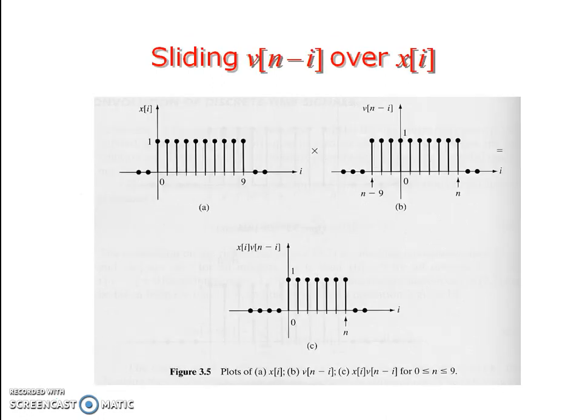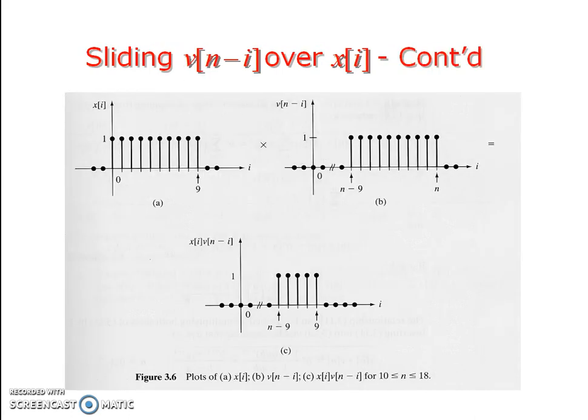Now we are going to consider sliding v of n minus i over x of i. You can observe here, if you multiply both the signals, you will directly have the 0 to n pulses remaining. Next, sliding v of n minus i over x of i.